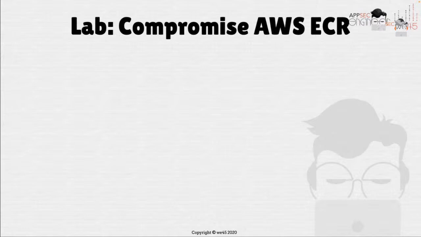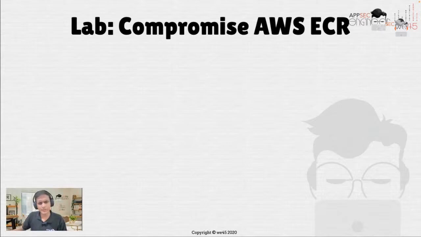But on a very high level, that is what has happened. From an intentionally vulnerable application, I was able to perform SSRF. From there, I was able to steal credentials. Using the credentials, I was able to perform reconnaissance and figure out that this particular set of credentials have access to ECR. Using those ECR credentials, I was able to pull an image and also figure out that these credentials provide the permissions for me to push an image.